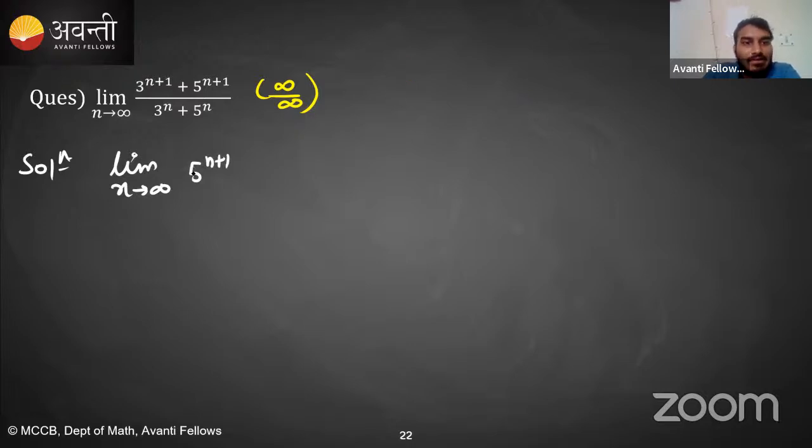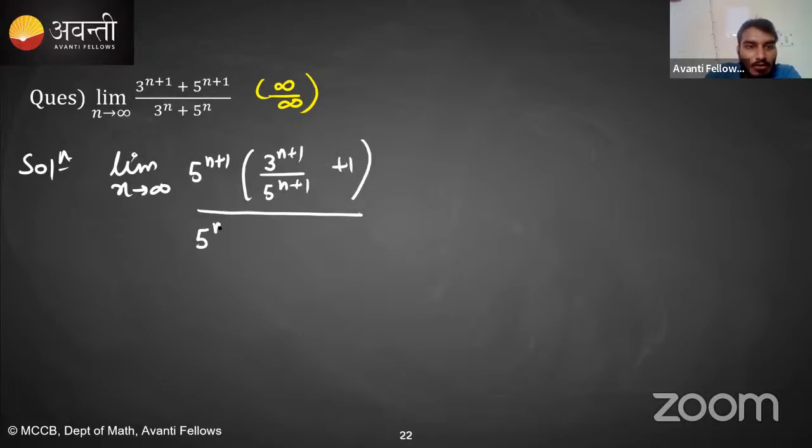Let's take 5 raised to the power n plus 1 common from the numerator. So what you will get is 3 raised to the power n plus 1 divided by 5 raised to the power n plus 1, plus 1. Divided by, again, take 5 raised to the power n common in the denominator, so you will get 3 by 5 raised to the power n plus 1.